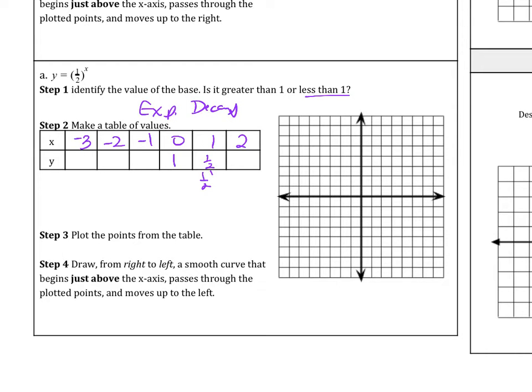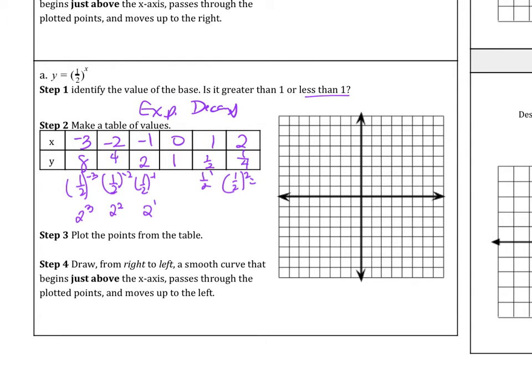If we plug in 2, 1/2 squared, that becomes 1/4. -1, so 1/2 raised to the -1, remember it just flips it, so it becomes 2 to the power of 1, or just 2. 1/2 to the -2, again, it flips it and squares it, so it's 4. 1/2 to the -3, it's 2 cubed, which is 8.